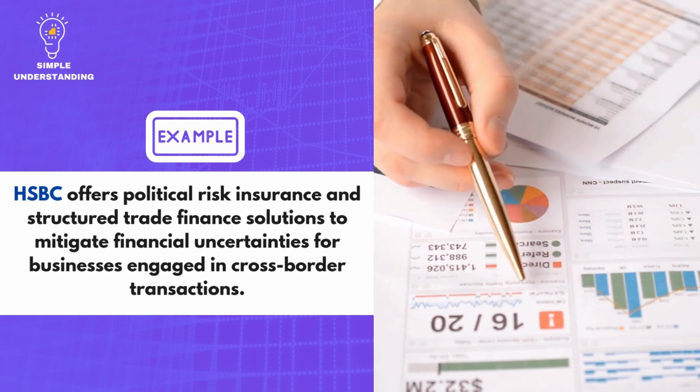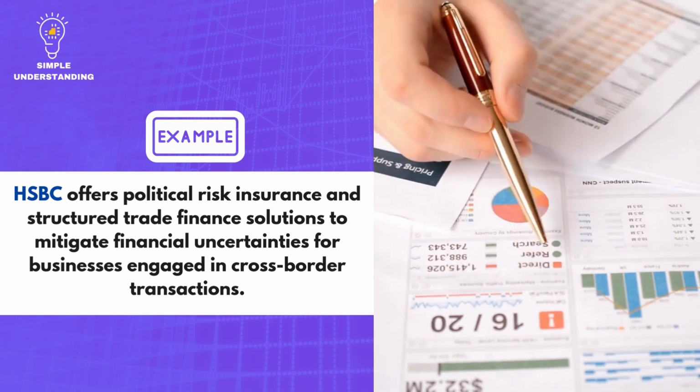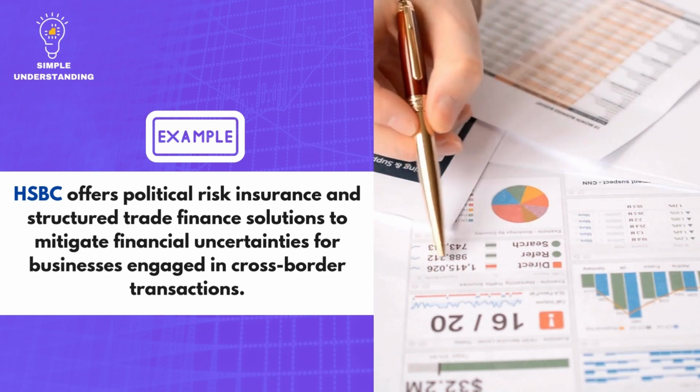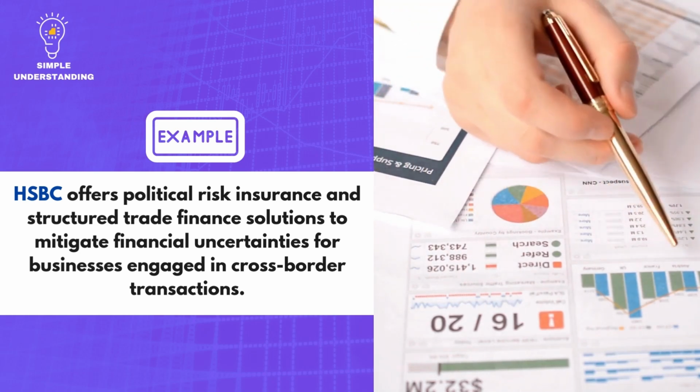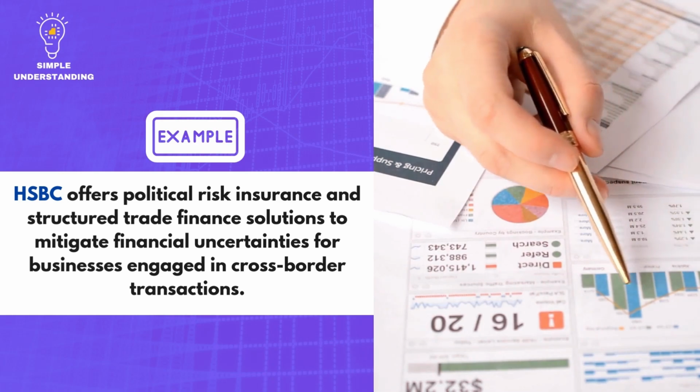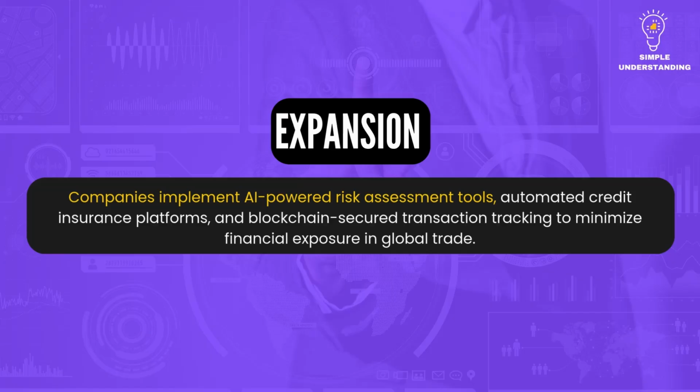HSBC offers political risk insurance and structured trade finance solutions to mitigate financial uncertainties for businesses engaged in cross-border transactions. Expansion. Companies implement AI-powered risk assessment tools, automated credit insurance platforms, and blockchain-secure transaction tracking to minimize financial exposure in global trade.